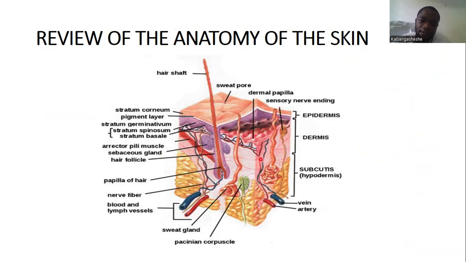Then we go into the dermis, which is connective tissue proper. You find dense and loose connective tissue there. Then the third layer is the subcutaneous layer, or the hypodermis, also composed of connective tissue, but a special type called areolar tissue, which is mainly composed of fat.